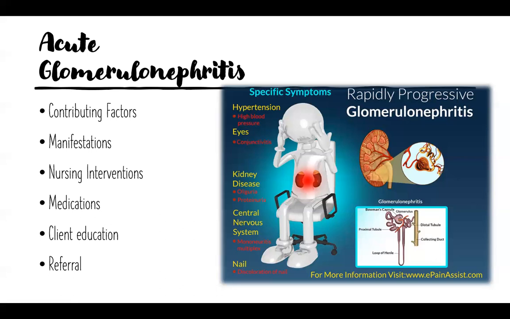Ascites patients have round, protuberant abdomens because their abdominal cavity is filled with fluid. The patient may also manifest with oliguria or anuria. Remember, oliguria is less than 30 mLs of urine per hour. Anuria, A is without, so without urine.